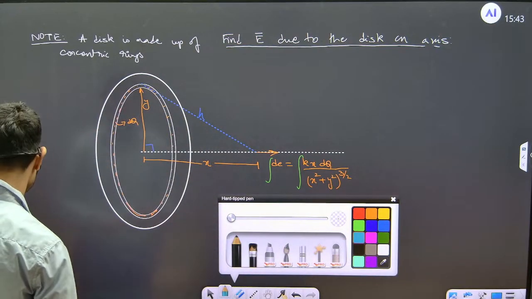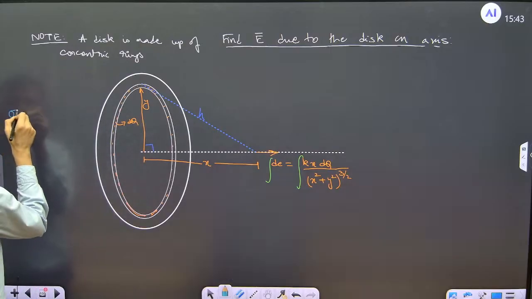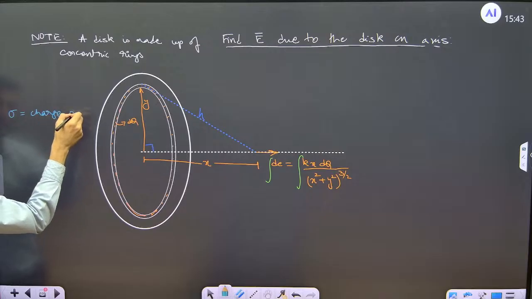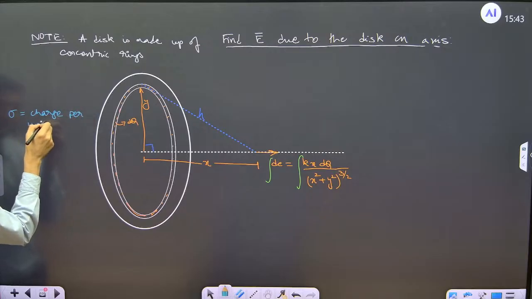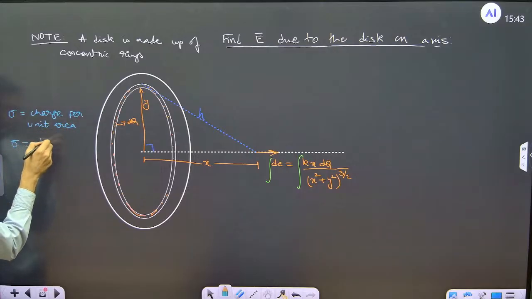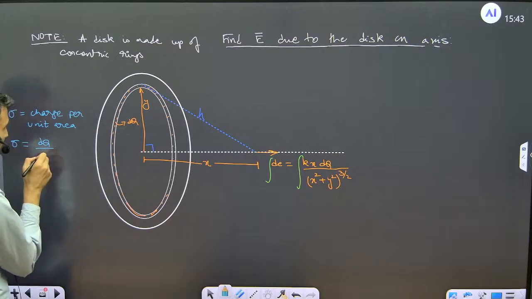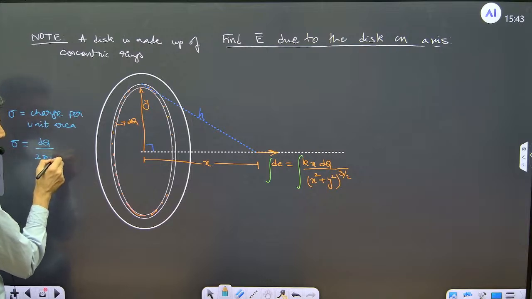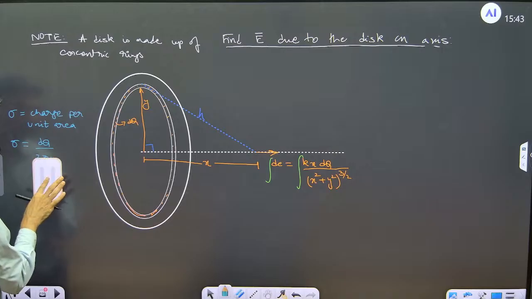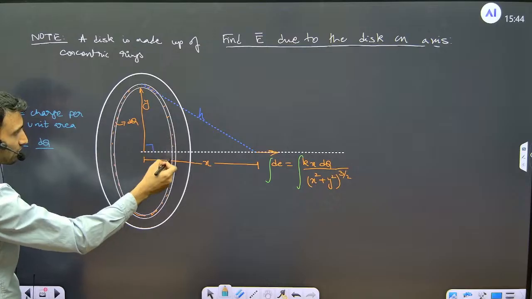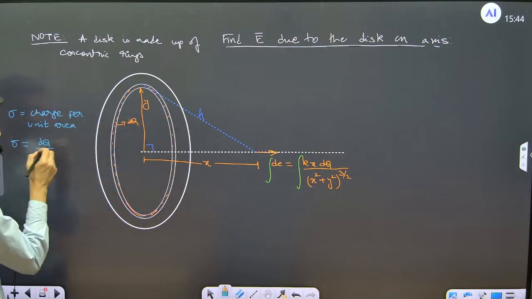Now I know there's something called sigma, which is charge per unit area, and sigma is dq divided by area. I can write sigma is charge per unit area, means it is this dq, whatever charge is there on this, divided by dA.